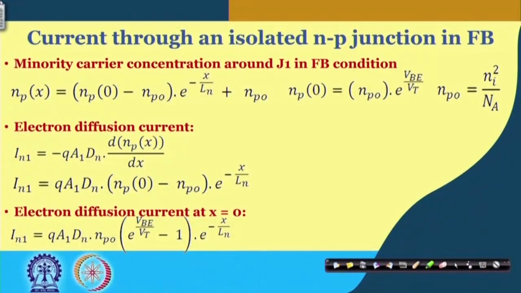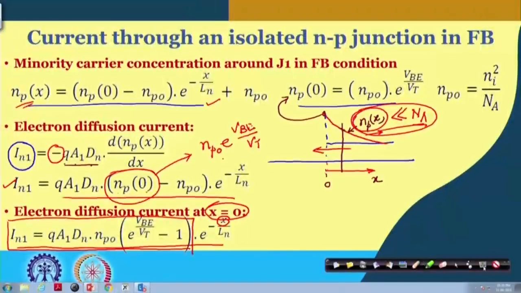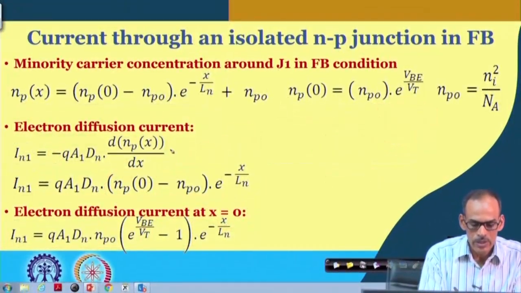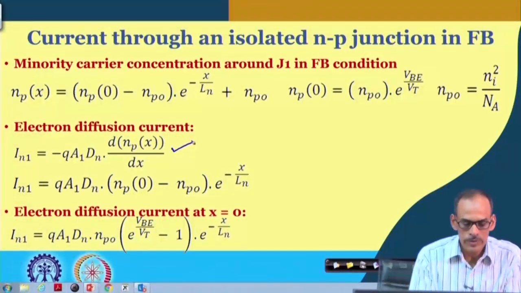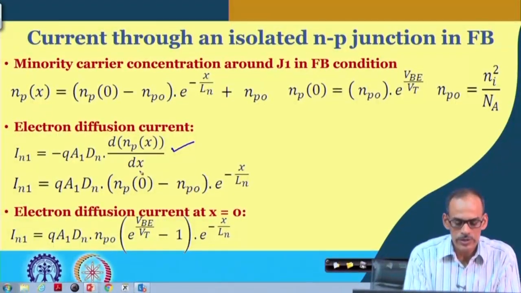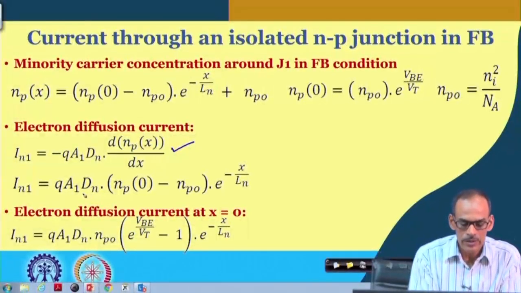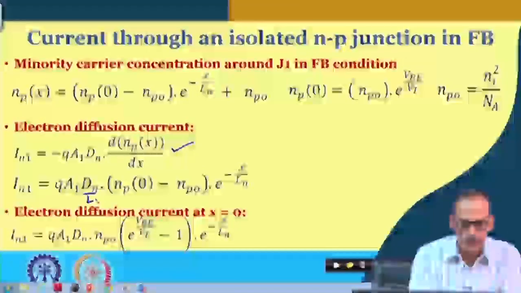I would like to mention here a small correction, please make a note of that. Whenever we are taking the derivative of n_p(x) with respect to x, then we have e to the power minus x by L_n. So, that L_n part will come here.